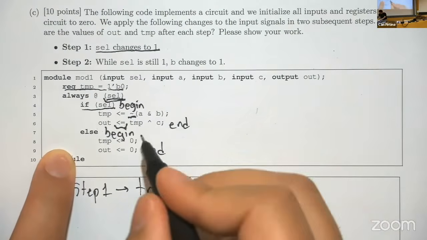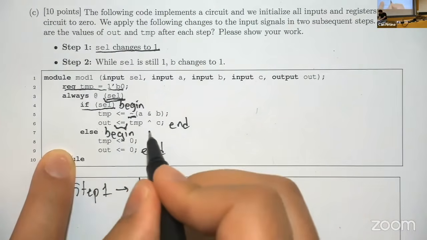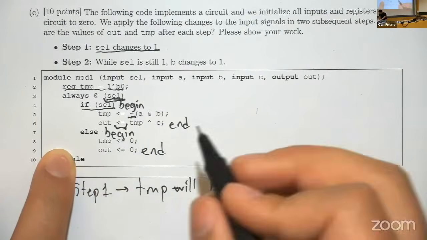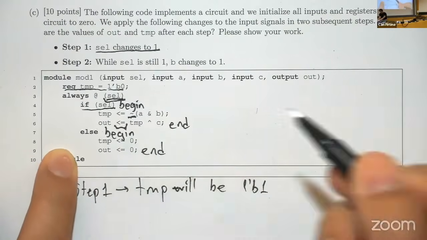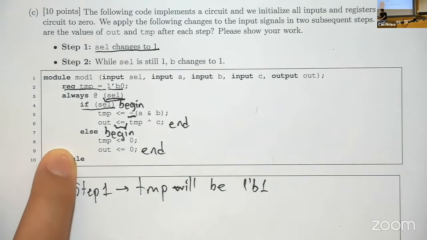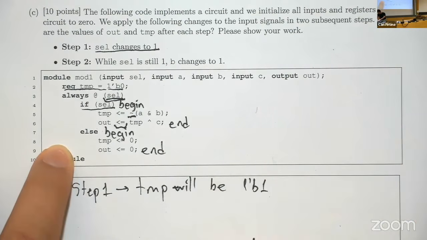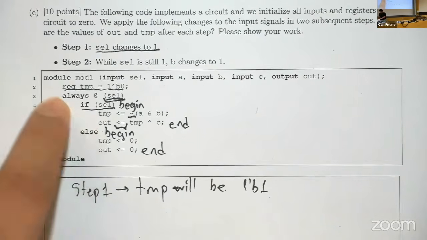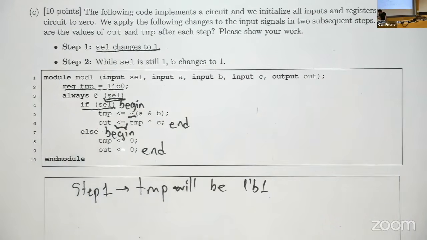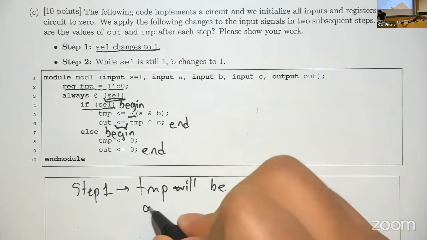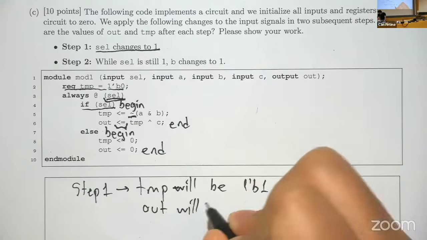So this statement will still operate on the earlier value of temp, which is 0. Is that correct? Yeah, because temp is in the beginning 0, it will operate on that value, which is 0, and then XOR that with C, which is also 0, and 0 XOR 0 is 0, so out will be 0.